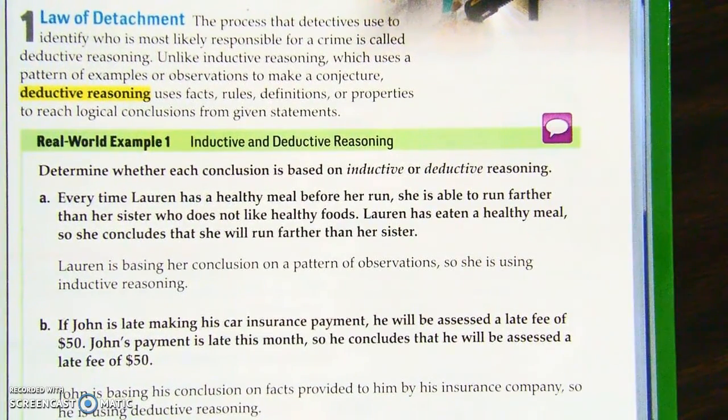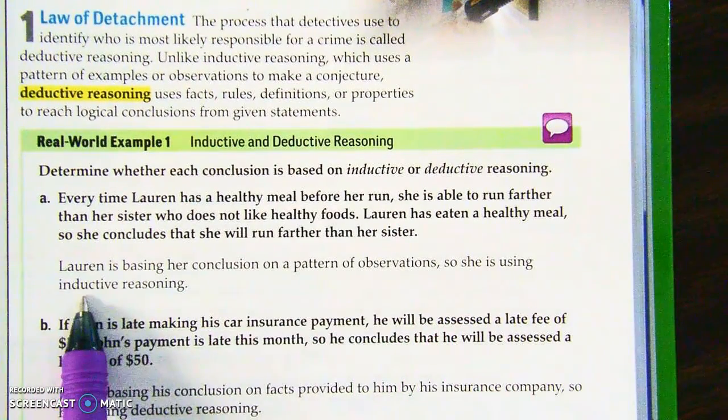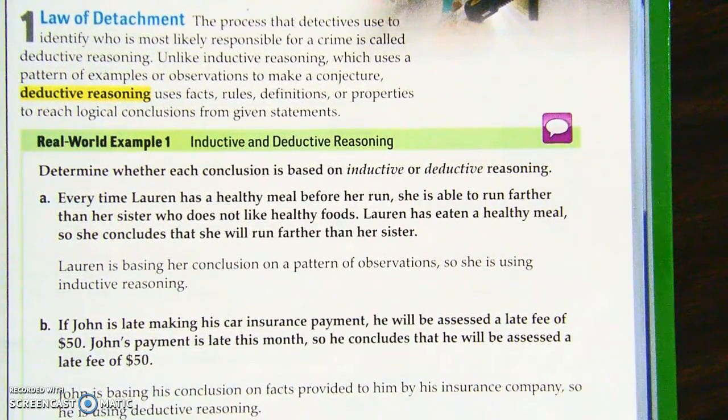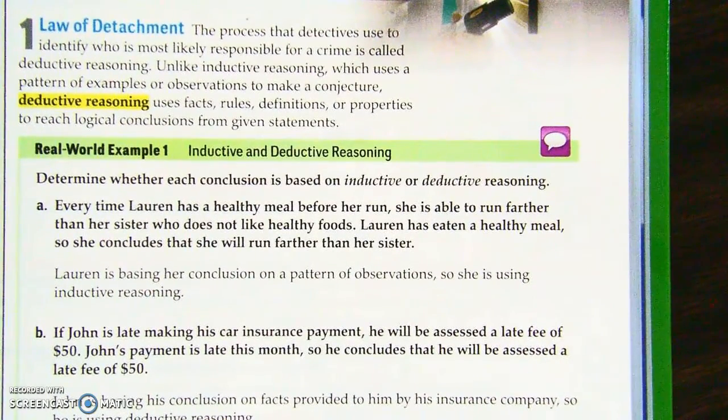So, Lauren is basing her conclusion on a pattern of observations, so she is using inductive reasoning based on patterns, okay? Now let's look at the next one here. We haven't really seen it yet. I don't know if you can see the bottom part. If John is late making his car insurance payment, he will be assessed a late fee of $50.